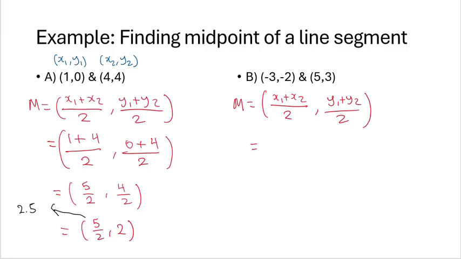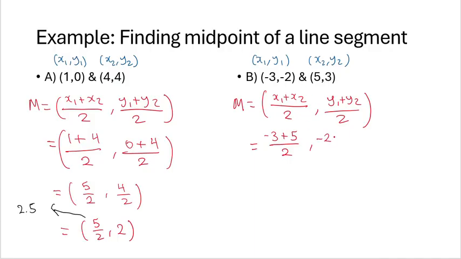Let's label which one's x1, y1 again: -3, -2 is x1, y1, and 5 and 3 is x2, y2. You've got to be careful when there are negatives in the picture because that changes the whole dynamic. So x1 is -3, plus 5, over 2, like that.